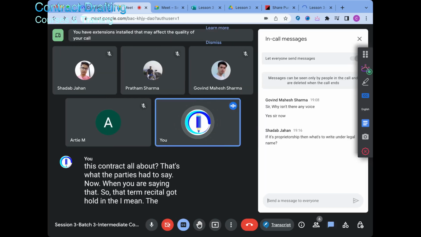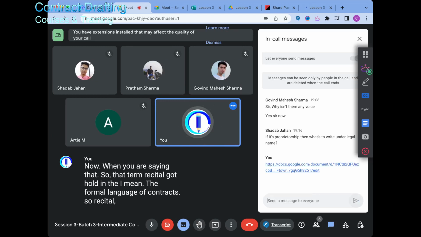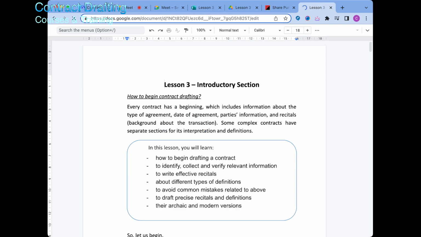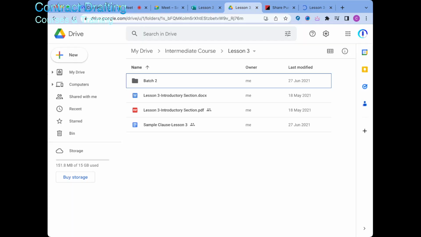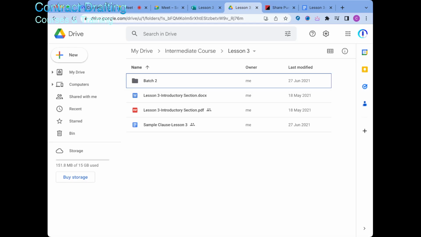So, recital or the background, this term was introduced in the written contracts. Now, when I'm saying written contracts, that means before that there were oral contracts also. So, when the term recital was used in an oral contract, it simply meant that the parties are expected to say something before they formally conclude the contract.